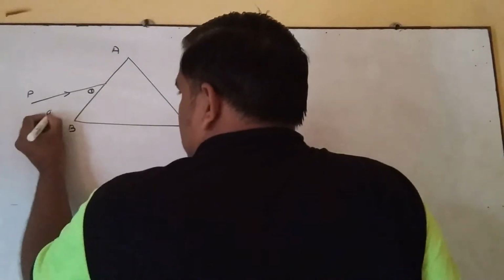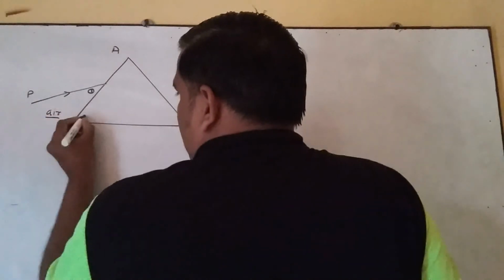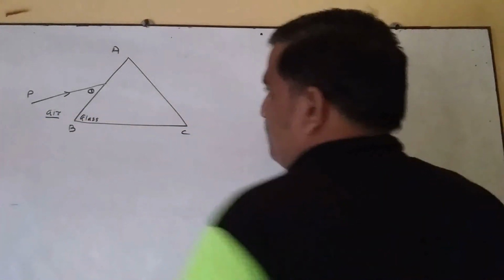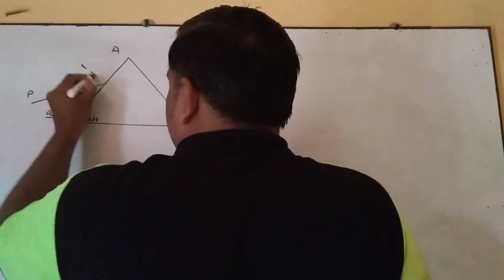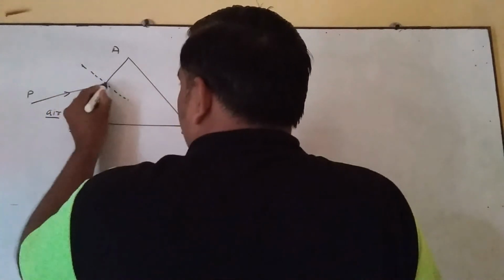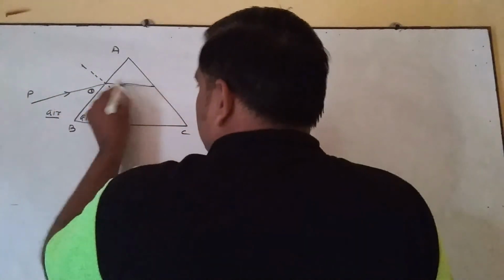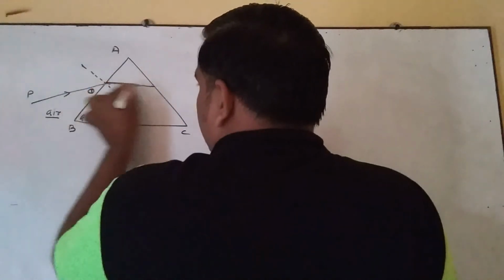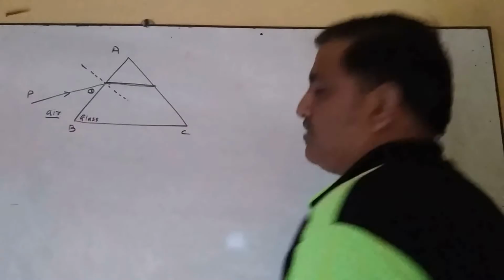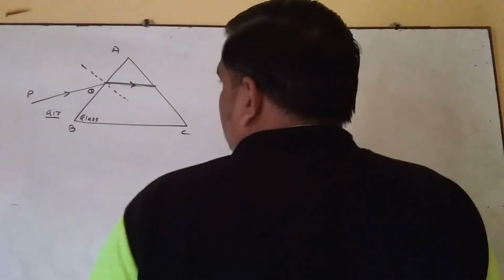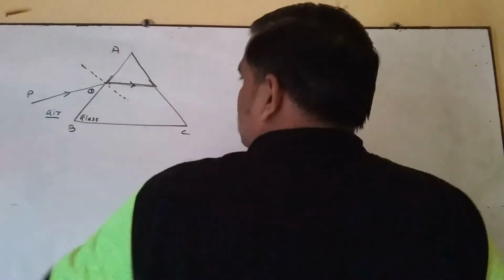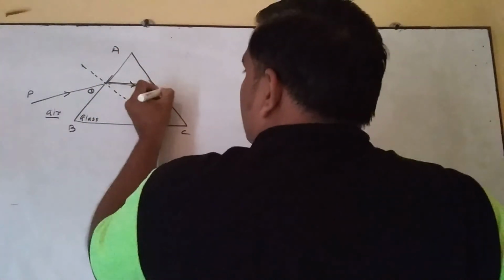Now this ray of light passes from air into the glass medium. So it gets refracted towards the normal, because it is going from rarer to denser medium, so it bends toward the normal and traces a path, say QR.